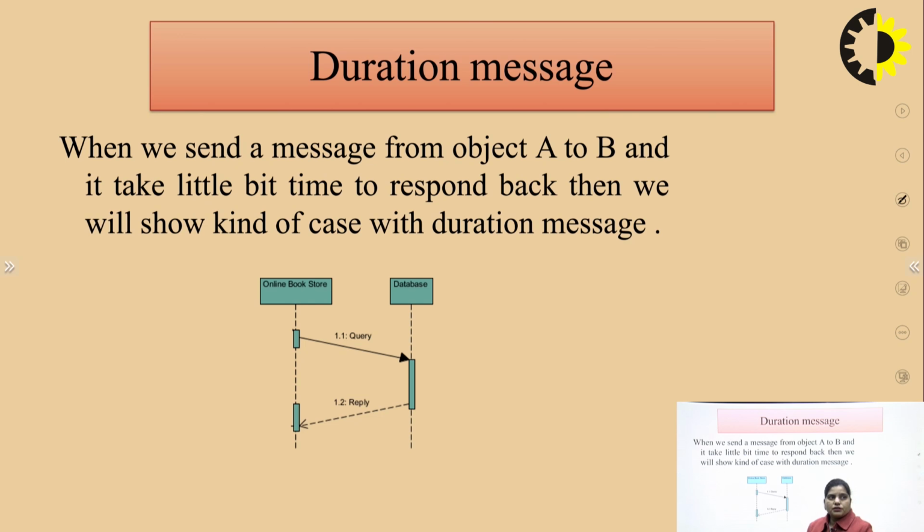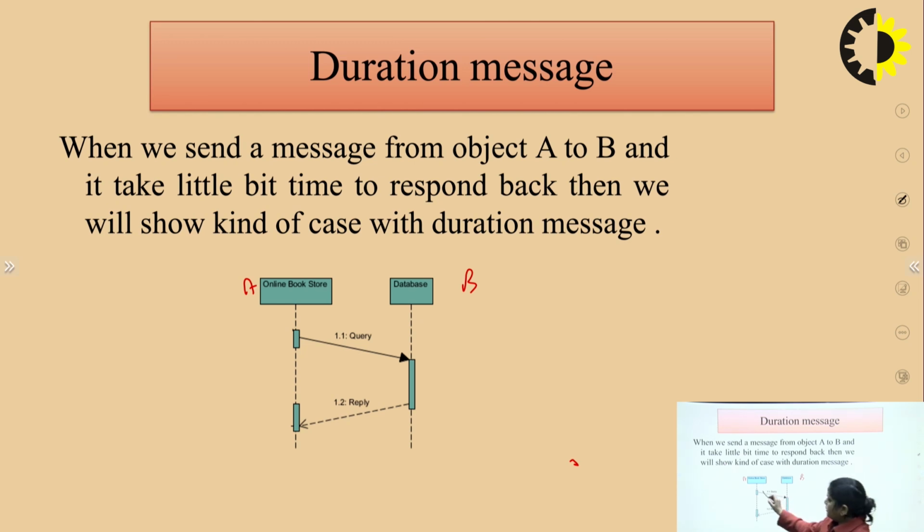Now what is the duration of a message? When we send a message from object A to B, for example, this is an object A and this is an object B. Object A represents the online bookstore and object B represents the database. So when we send a message from object A to B and it takes a little bit of time to respond back, then we show these kinds of cases with duration messages, just like in this way.